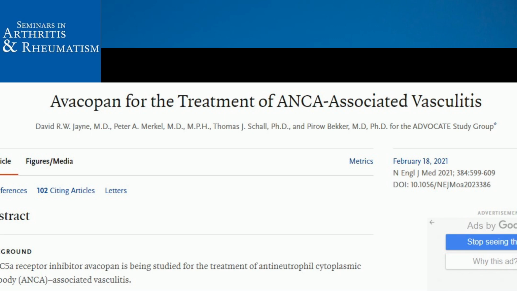About 4 years later, when the ADVOCATE trial was finally done, ChemoCentryx was a big winner, and so was the GTI, because the GTI played a very important role in helping ChemoCentryx prove its point that avacopan reduces steroid toxicity.